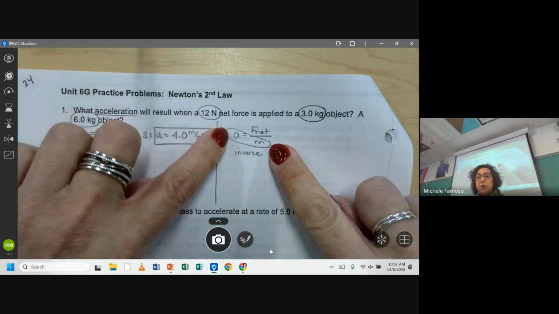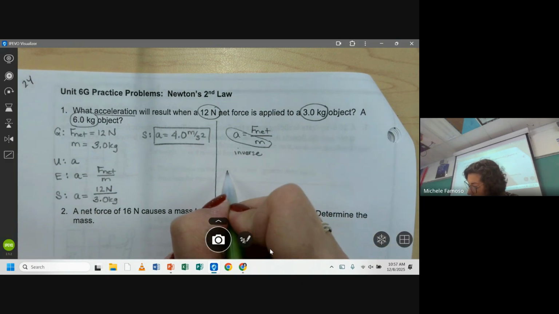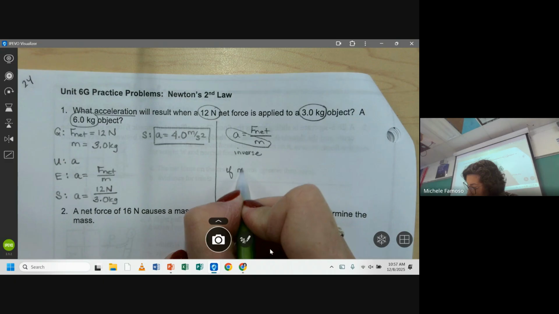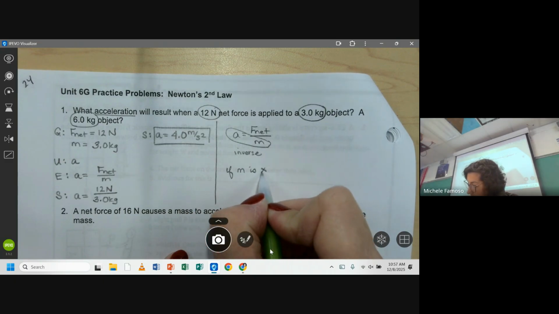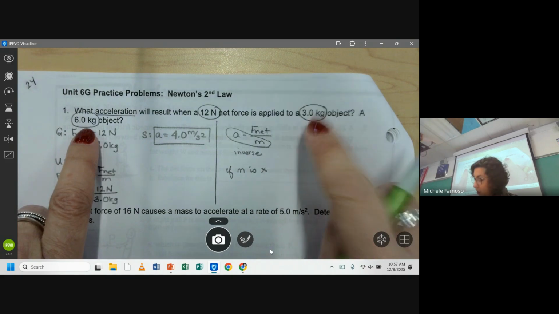When the variables are set up in this way, where one variable is on the left side of the equals and the other is in the denominator on the right side, that is always going to give us an inverse relationship, which means that in this case, I'm seeing that the mass is being multiplied by a factor of 2.